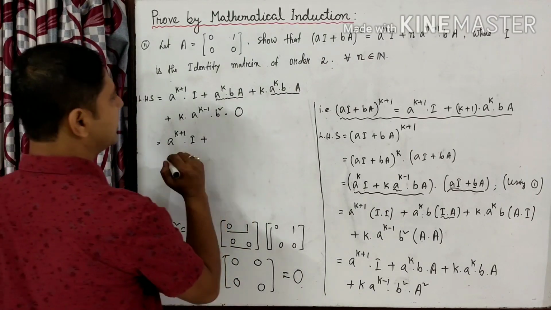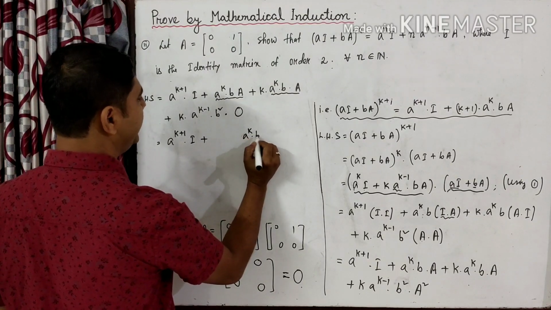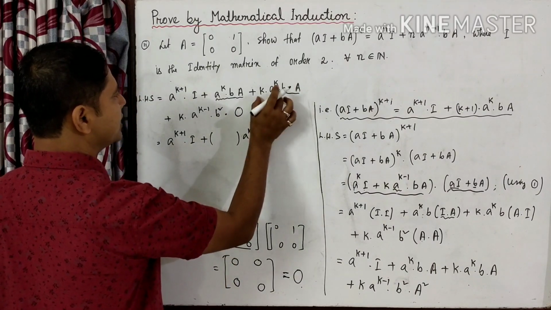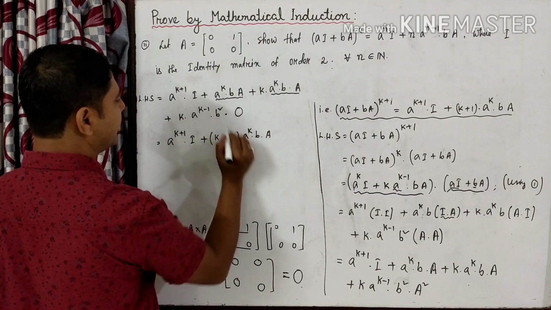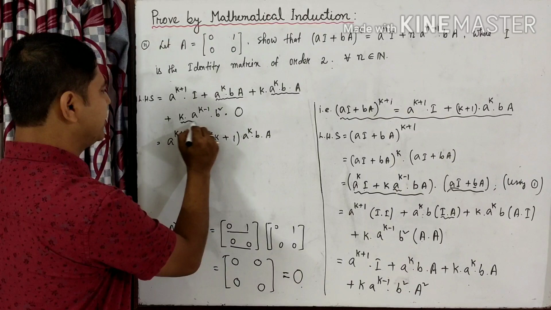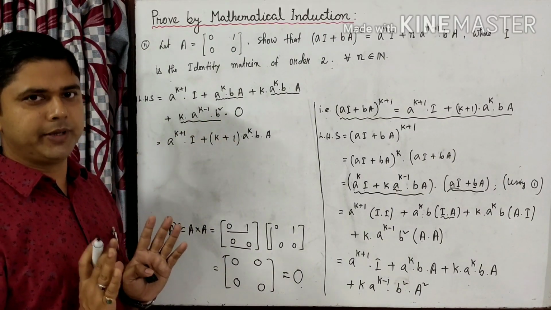A^k into B into A is the common part, and from this part the remaining term is k. Any scalar quantity multiplied with a null matrix, definitely this must be a null matrix.